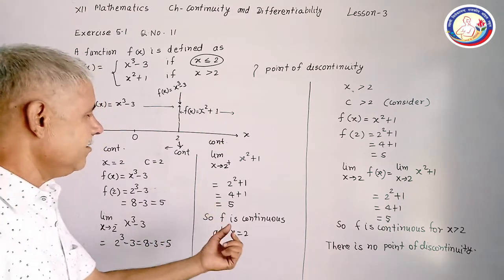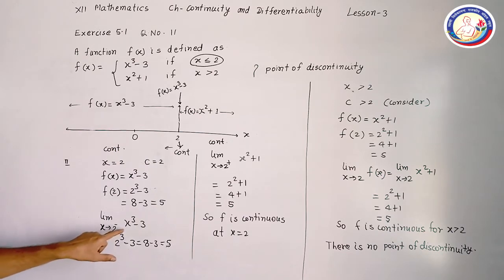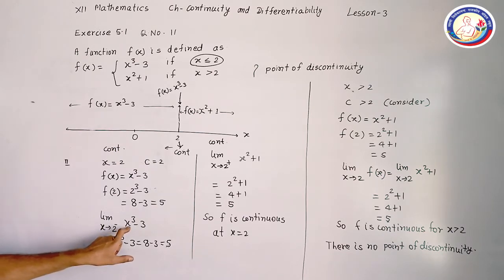You can also find the limits by replacing x by 2 minus h.